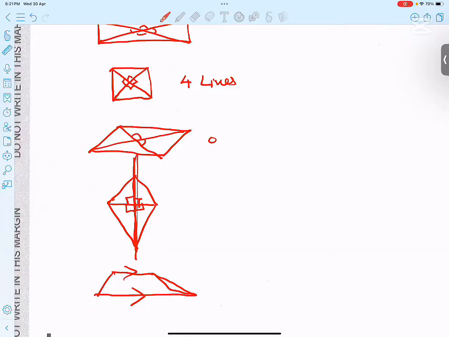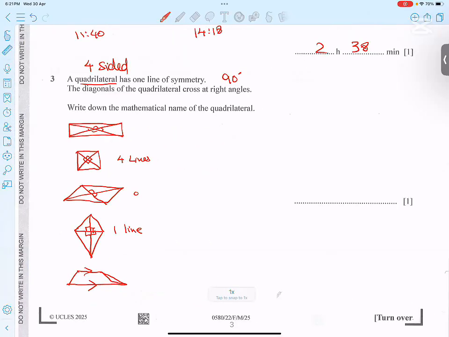The diagram's right side and left side are exactly the same. So this is one line of symmetry and it has 90 degrees in the middle. So ultimately we can decide the answer is a kite.